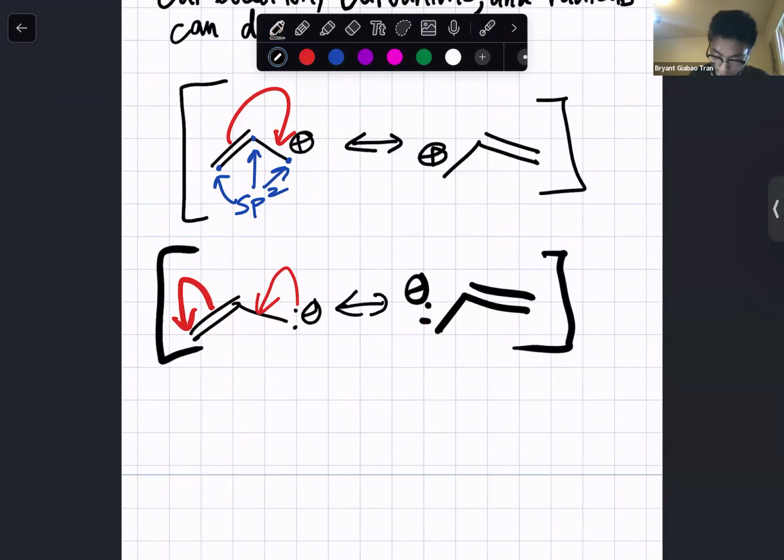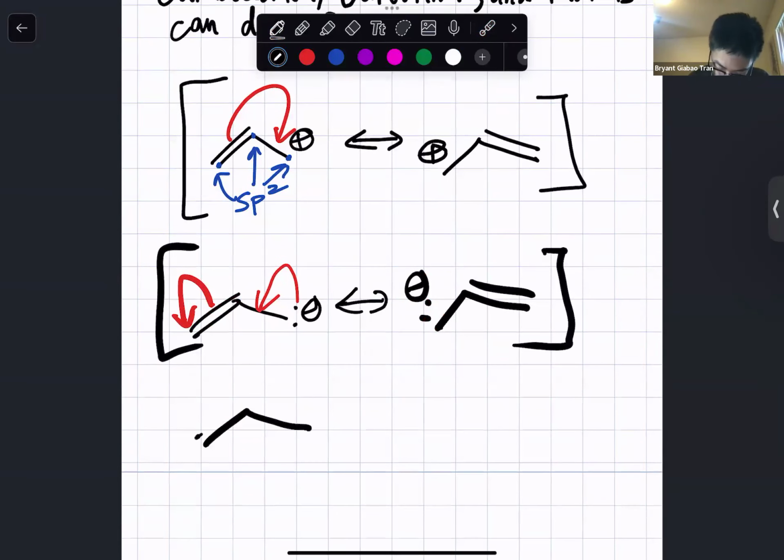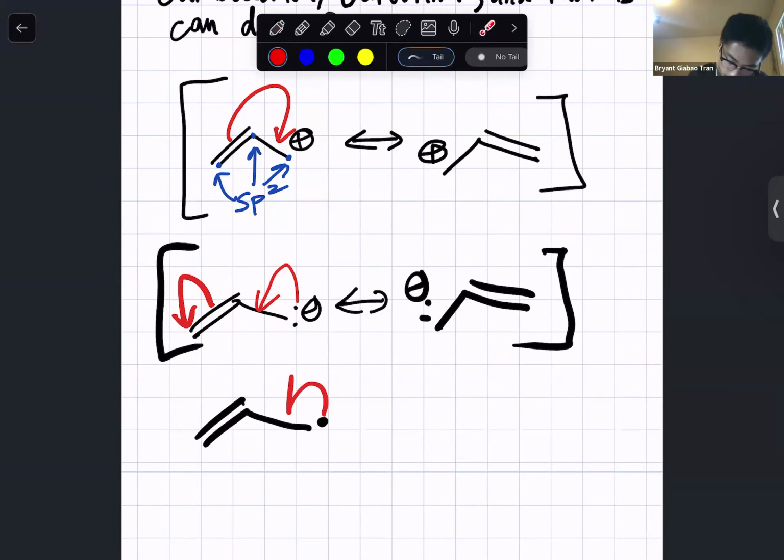Another thing that could do resonance are radicals, or 1 electrons. When we draw the movement of 1 electrons, we draw single hook arrows. So the resonance of this would look like this. That radical moves there. One of the electrons of this bond makes a double bond with that radical here.